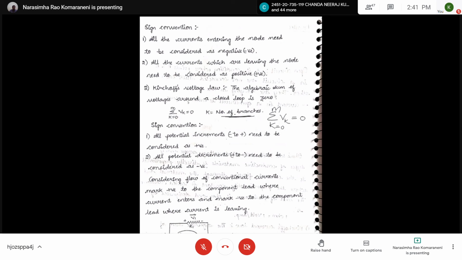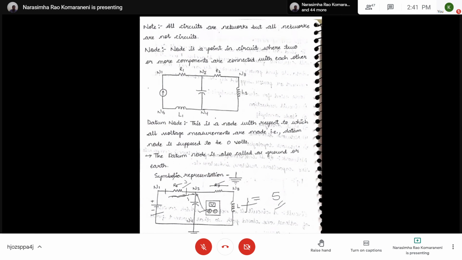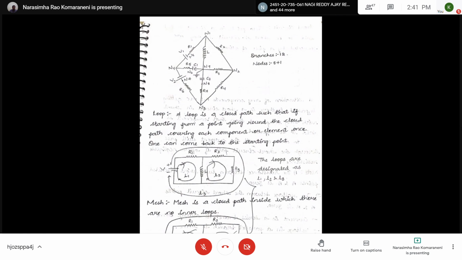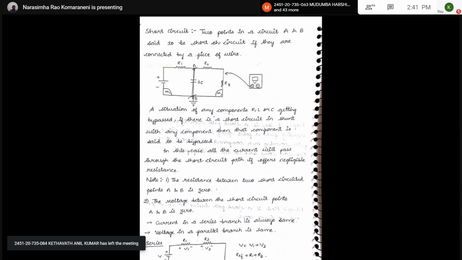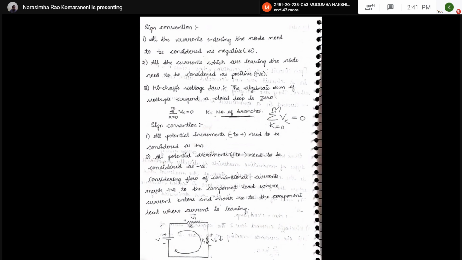So what is a branch? A branch is a network element in a circuit. It contains two terminals or two leads. So Kirchhoff's voltage law says that the algebraic sum of voltages around a closed loop is 0.